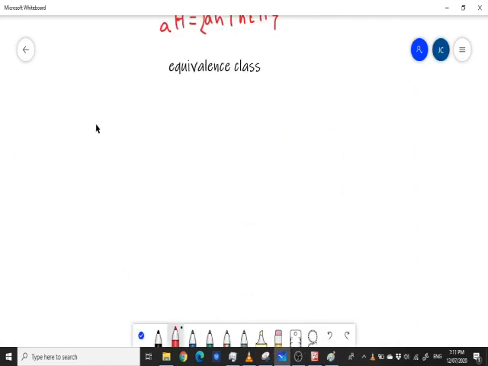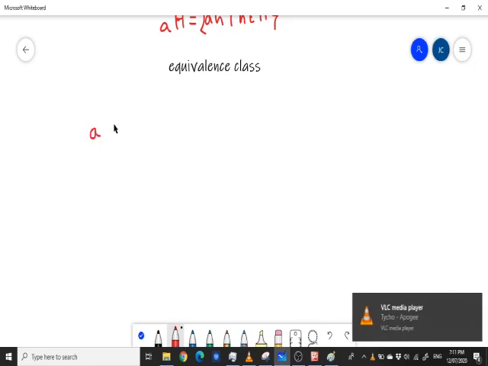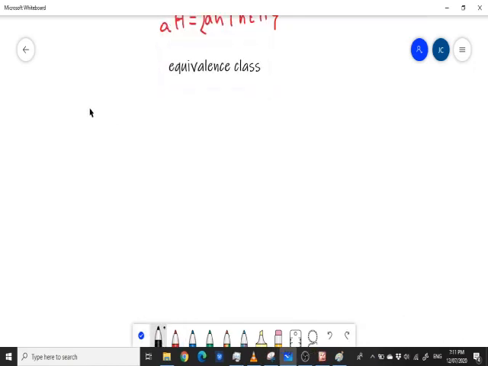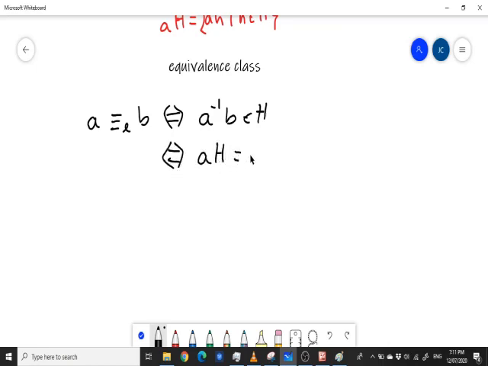So, again, A is left congruent to B or related to B if and only if by definition A inverse B is in H. And this will happen if they define the same congruence class, or we call them cosets.